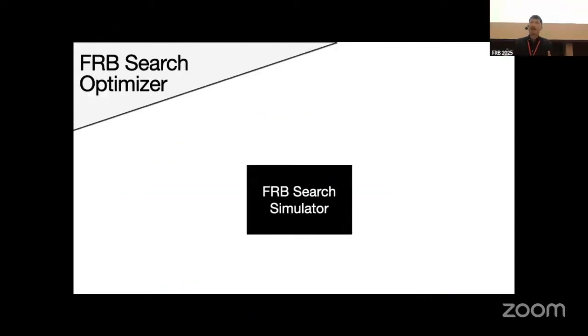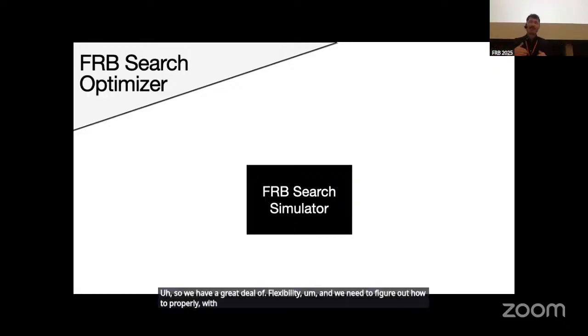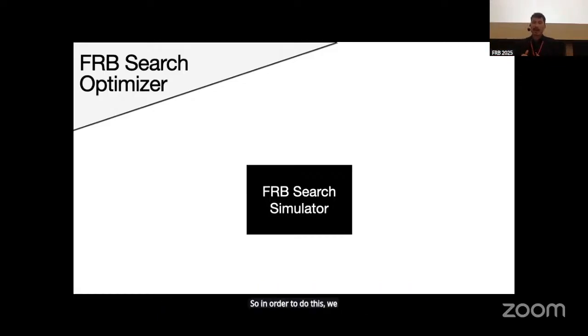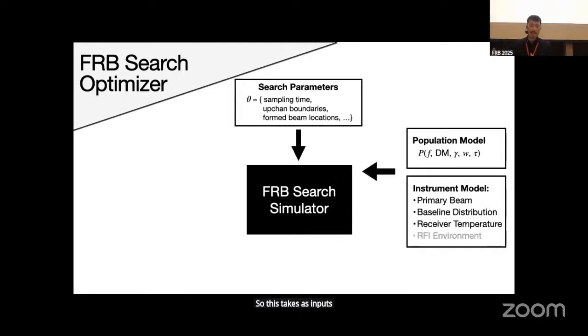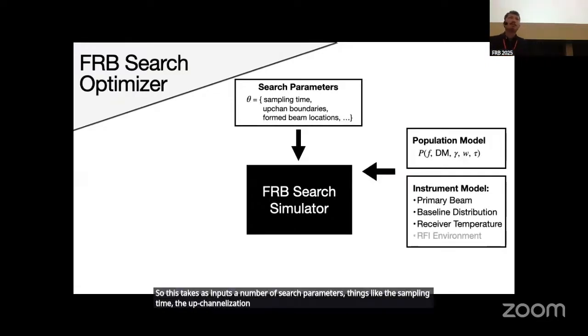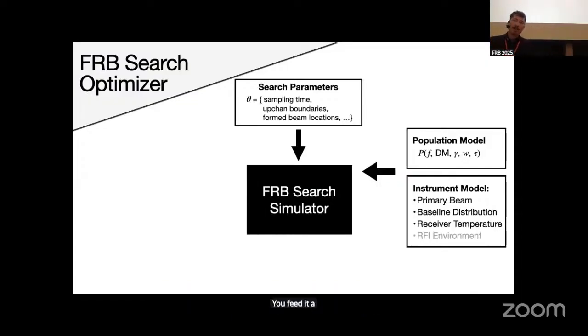So we have a great deal of flexibility, and we need to figure out how to properly use that flexibility to maximize our scientific yield. So in order to do this, we've implemented a global optimizer. This takes as inputs a number of search parameters, things like the sampling time, the upchannelization boundaries, the number of formed beams, the location of formed beams in the sky. You feed it a population model for your FRBs, and then also an instrument model.